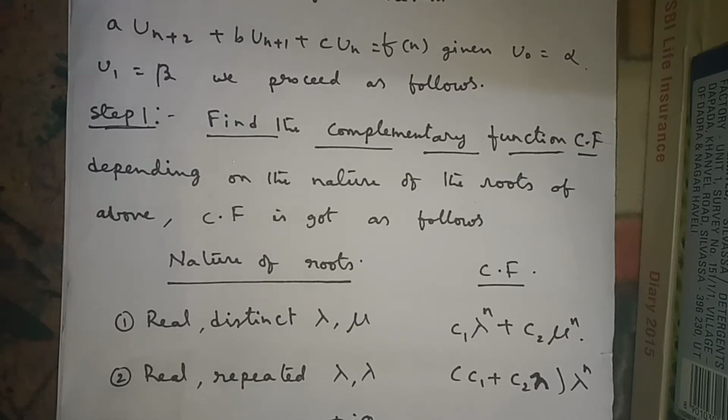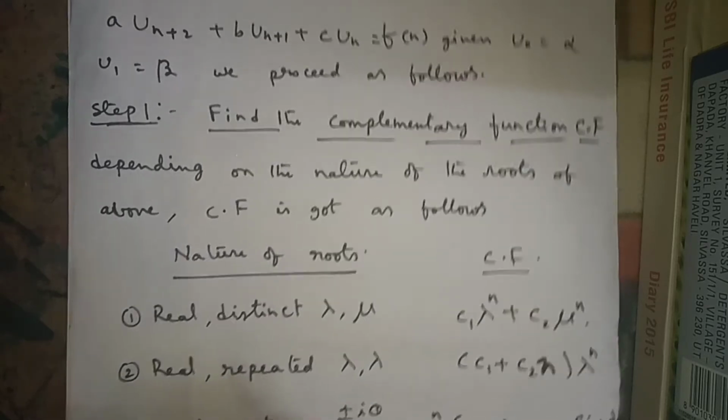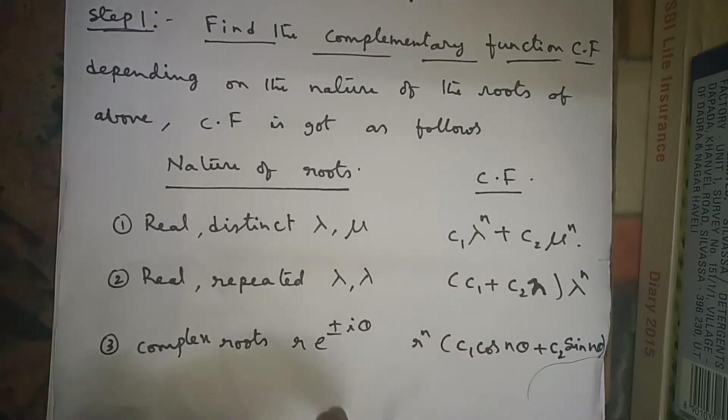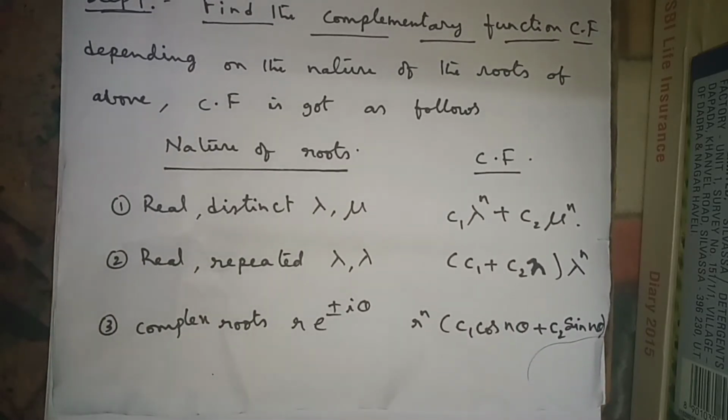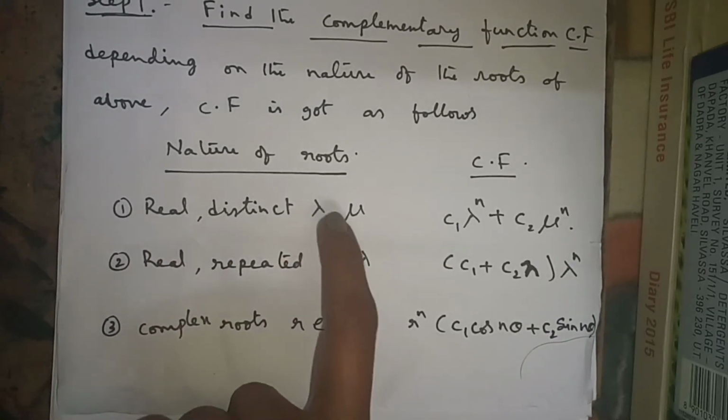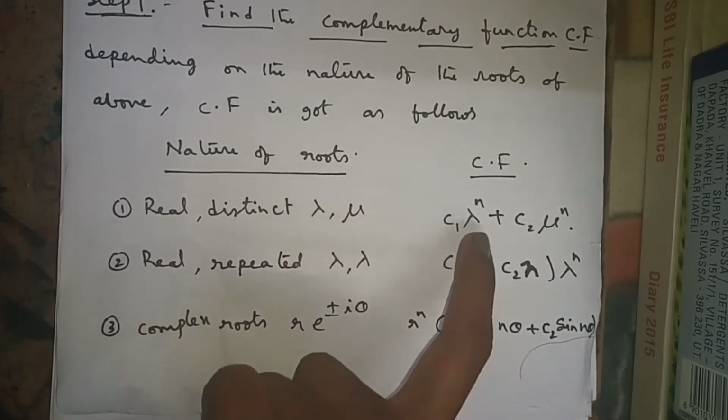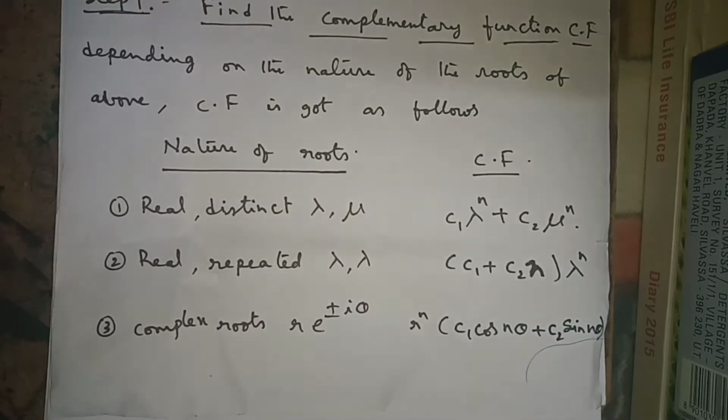Depending on the nature of the roots, we will get the complementary function. If the roots are real and distinct, lambda and mu, two roots we have got, then the complementary function will become C1 lambda to the power of n plus C2 mu to the power of n.